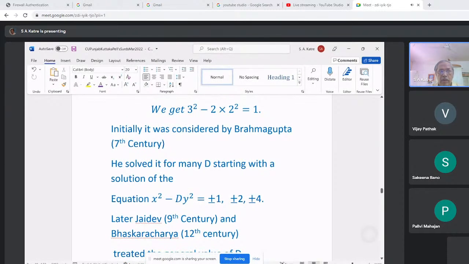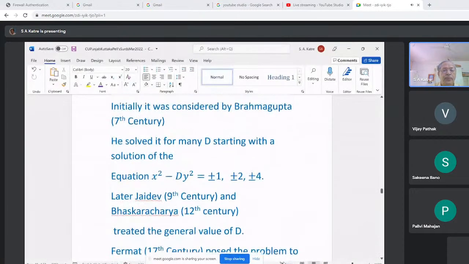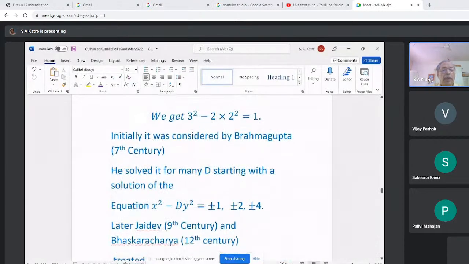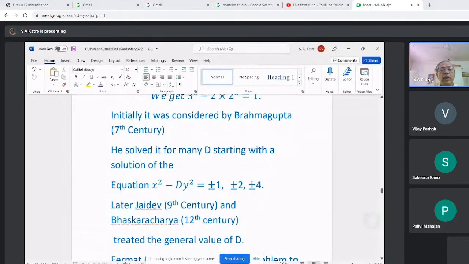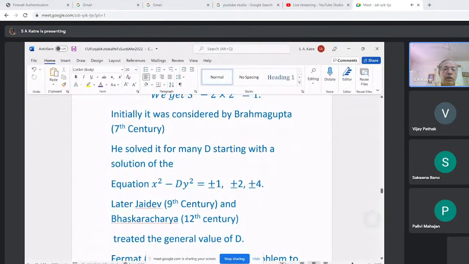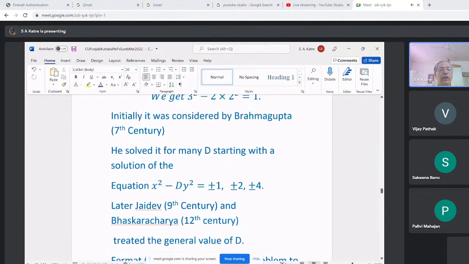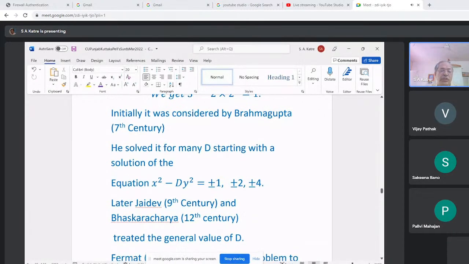in the 6th century. So Brahmagupta solved these equations. We started with solutions of equations x square minus d y square equal to plus minus 1, plus minus 2, plus minus 4. If you know some solutions of such equations, then you can go ahead and solve the main Pell's equation, x square minus d y square equal to 1.